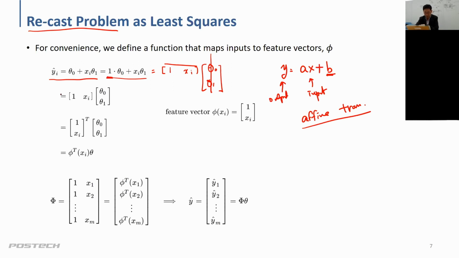If you have x_i as input, we can add 1. We call this a feature vector or feature map.